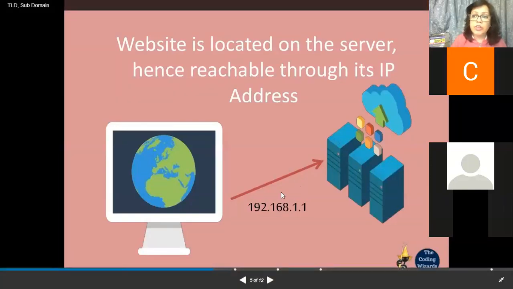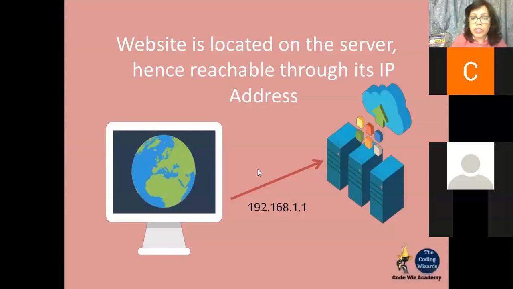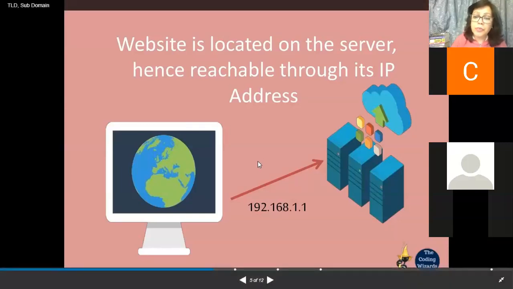Okay, so it is not being accessed through the domain name, but that request, whenever you enter the domain name in the Google Chrome or whatever web browser you are using, that domain name gets converted into the IP address of this machine where the website is hosted.